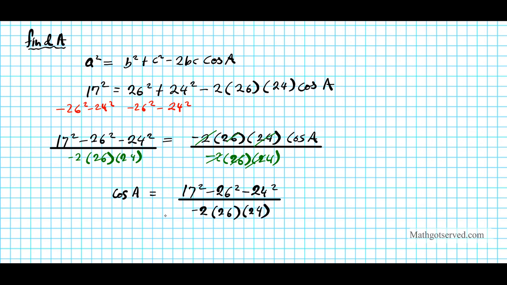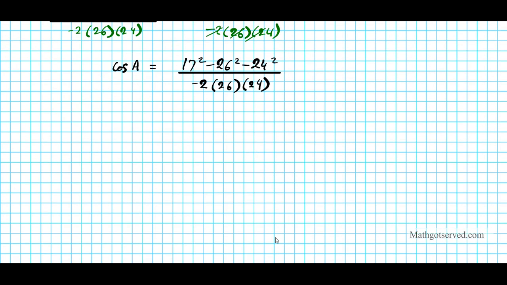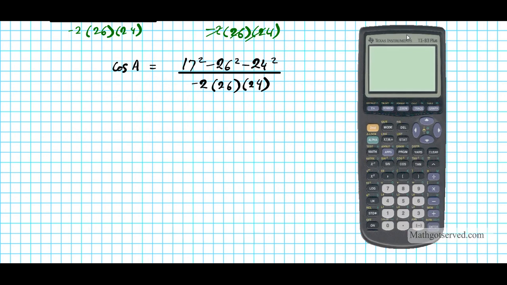Okay? All right, let's go ahead and plug this into our calculators. We're going to have 17, well, let's put this in parentheses. 17 squared minus 26 squared minus 24 squared divided by parentheses.